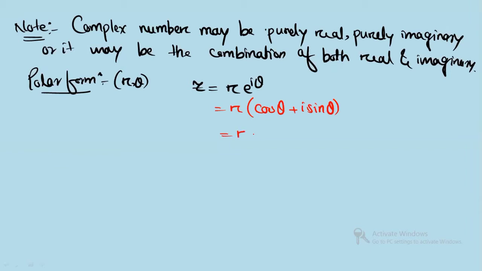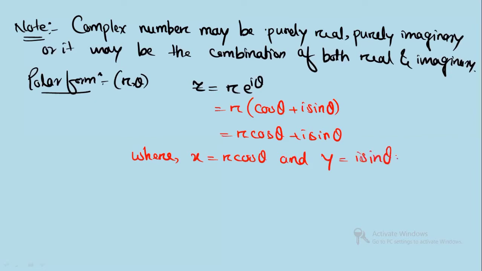So you can further write it as r times cos theta plus i sin theta. Here r cos theta represents x, so x equals r cos theta, and y equals r sin theta. So this is x and y.